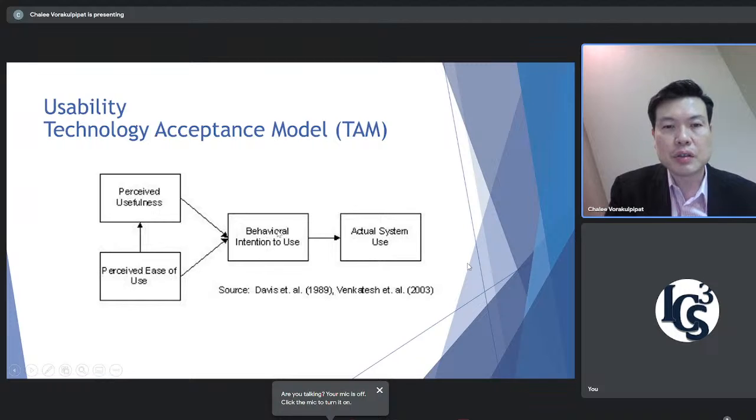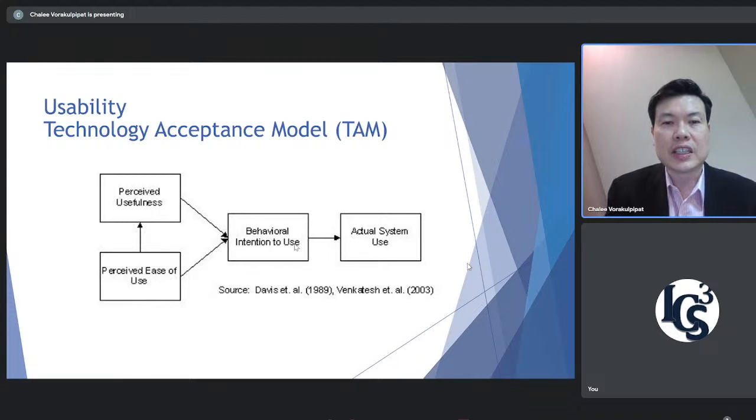And this is linked to behavioral intention to use. It is about human behavior, human preference, and intention.